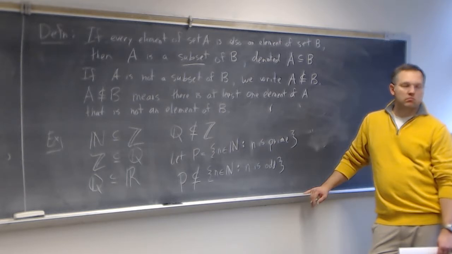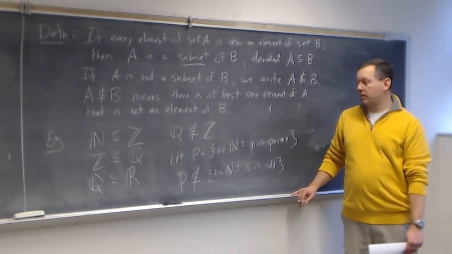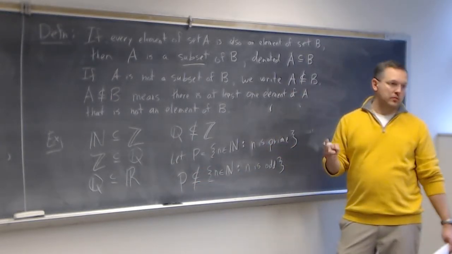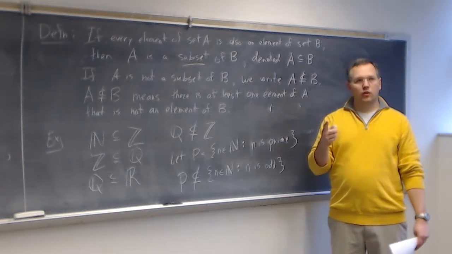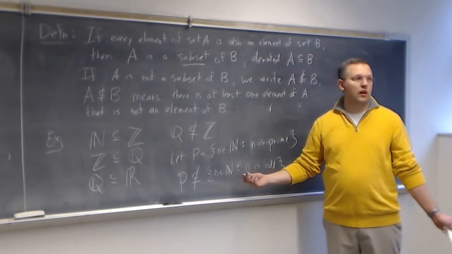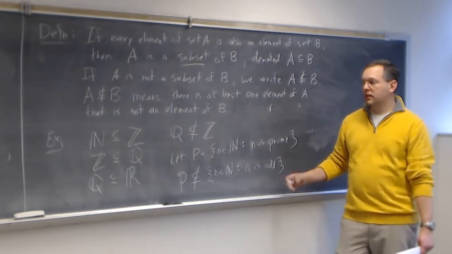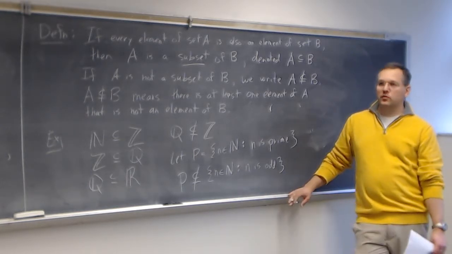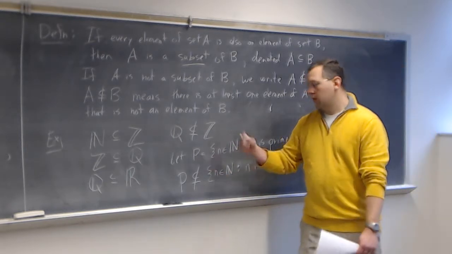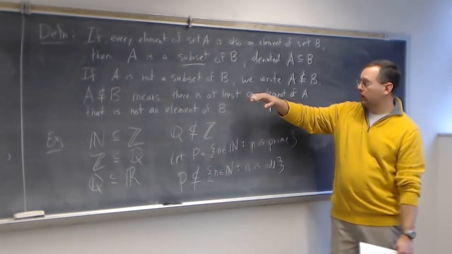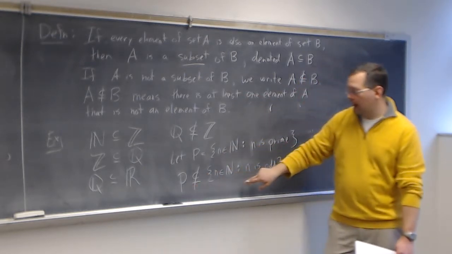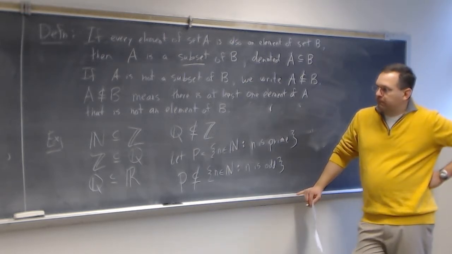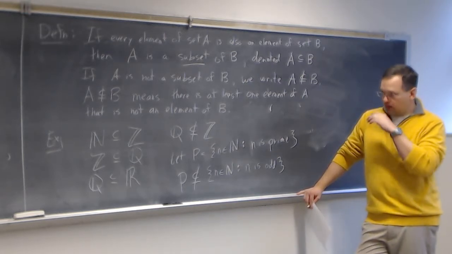Because 2 is a prime number, and 2 is even. So even though there's infinitely many primes, the one number 2 ruins it. So they're not all odd. Almost every prime number is odd. In fact, an infinite number of prime numbers are odd, all of them except for 2. But that's all we need. We only need one element of this set to not be in this set in order to say that P is not a subset. Okay? Any questions so far?